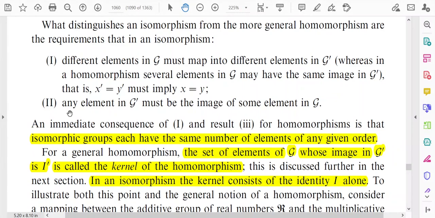And the second requirement is that any element in G prime must be the image of some element in G. So, any element in G prime must be the image of some element in G. An immediate consequence of 1, that is the first condition, and the result 3 for the homomorphism.